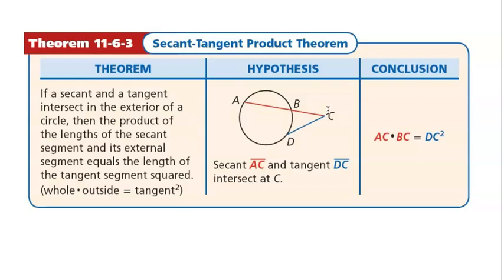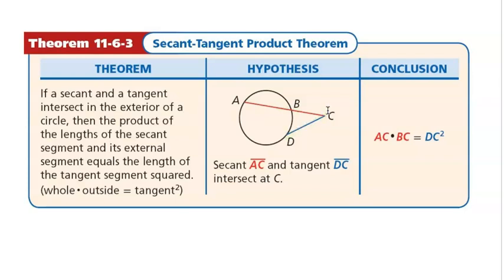Okay, so check this out. It's whole times outside equals tangent squared. And here's what's happening. So just like before, it's whole times beak. But this time there's no whole in beak. It's just beak, right?